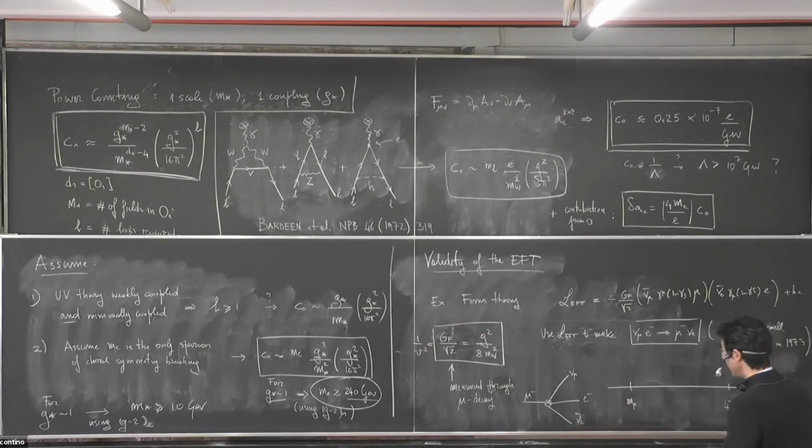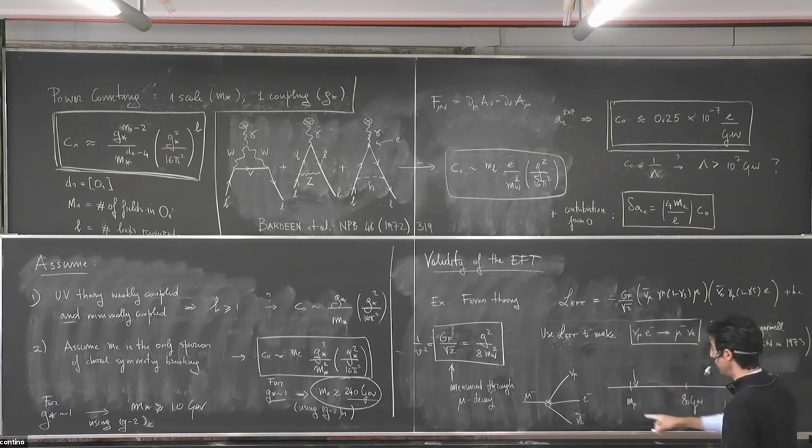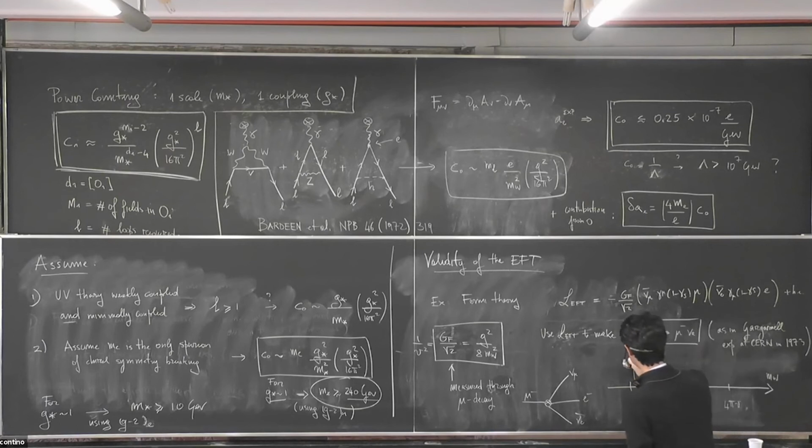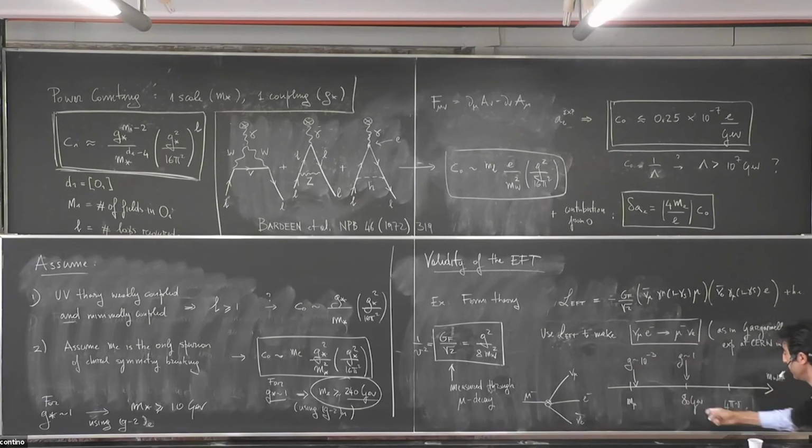So that's the range, and the actual value of the mass of the W is in between. For example, the scale would be very close to the mass of the muon if the coupling was of order 10 to the minus 3, while for a coupling of order 1, or maybe half, you get close to 80 GeV, which is the physical mass.